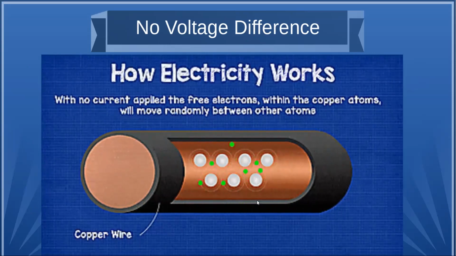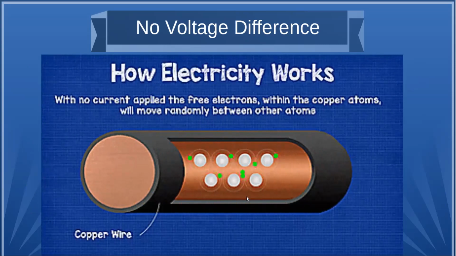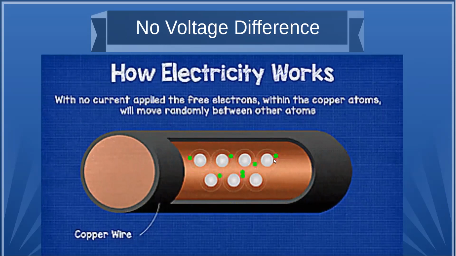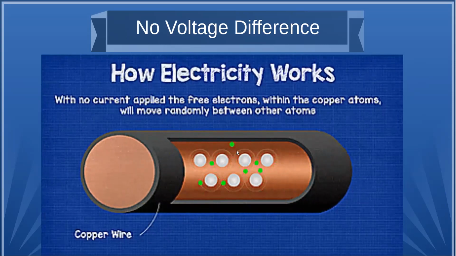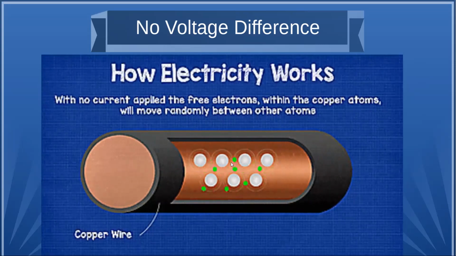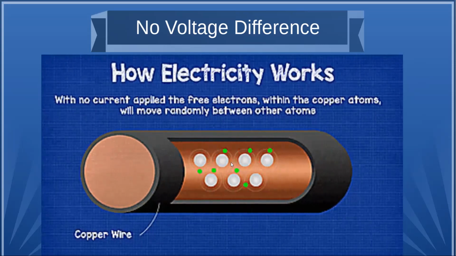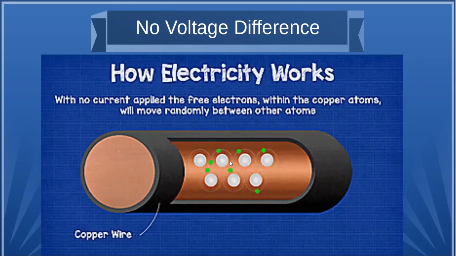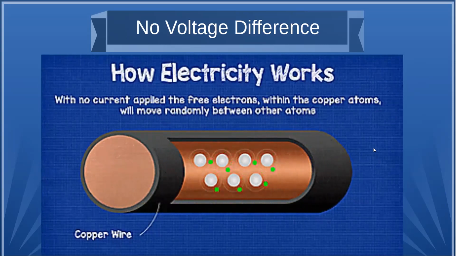If I start heating that wire up, these become more and more active to the point where they become so active that they're generating photons, which means that copper wire now is like a light bulb. It's giving off light. So there's a lot of activity.